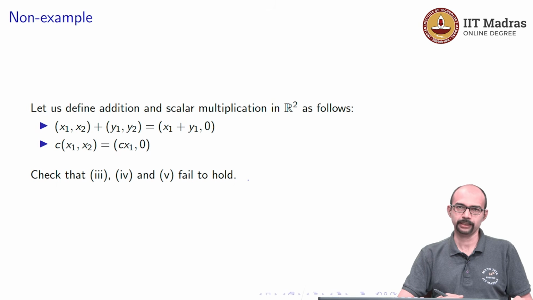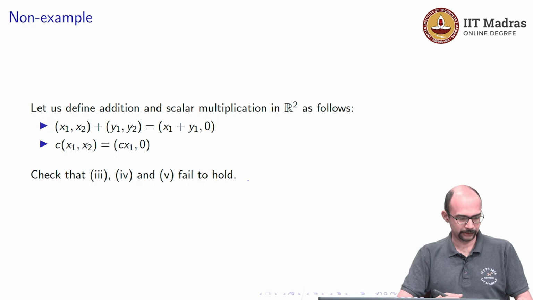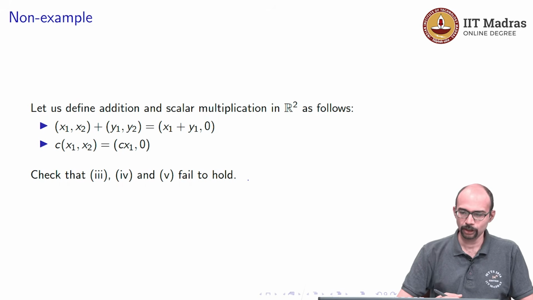Okay, let me leave this to you as an exercise. Yeah, this is not hard to do, but it is important to do this because that way you will sort of develop an idea for what is a vector space, and in particular how defining these operations is really at the heart of what is a vector space, addition and scalar multiplication.